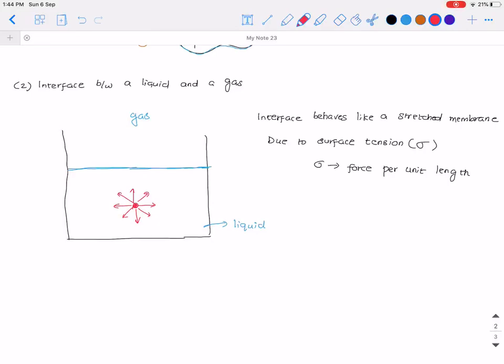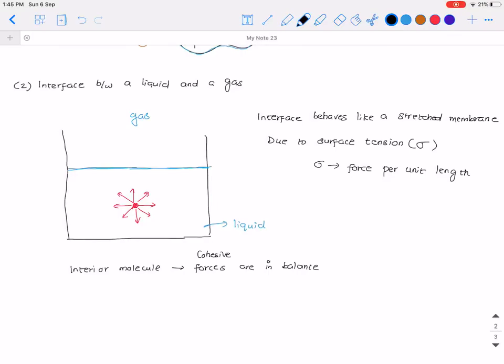If we consider an interior molecule, the cohesive forces are in balance. So this interior molecule does not experience any net force acting on it, because the cohesive forces act equally in all directions, so the net effect cancels.